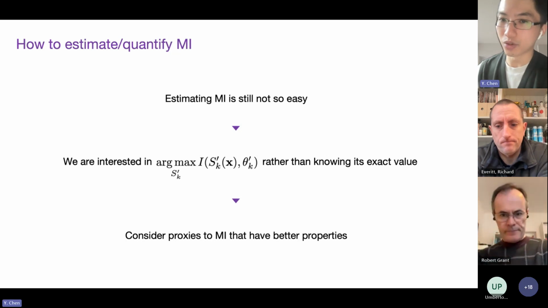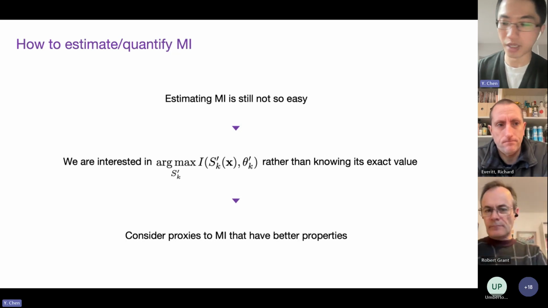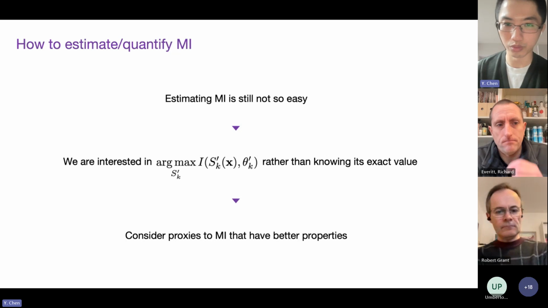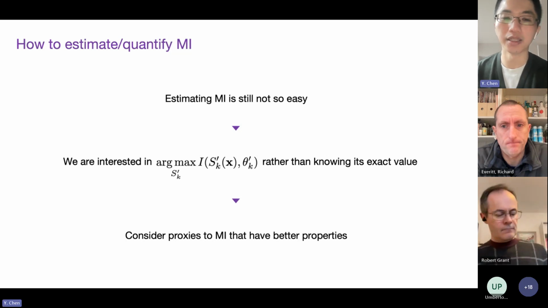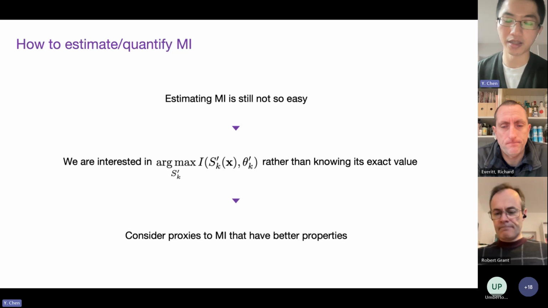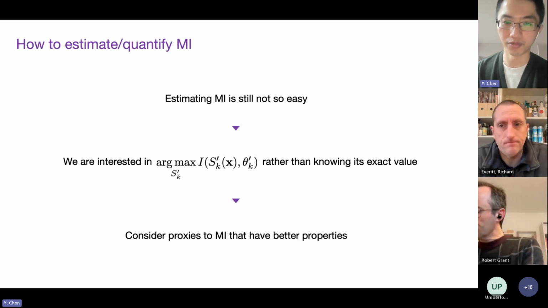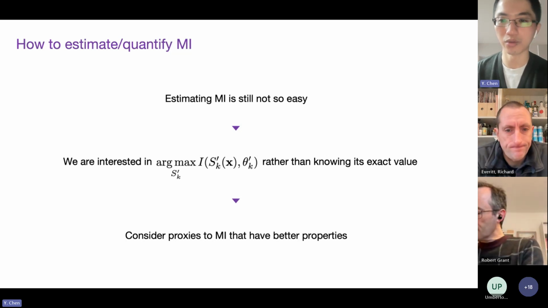It may still not be so easy, so we instead try to use some more reliable estimator of mutual information, or let's say use some other proxies to mutual information. This is because we are interested in just finding the argmax of mutual information here, rather than knowing its exact value. So we can consider some proxies to mutual information that may have better properties.